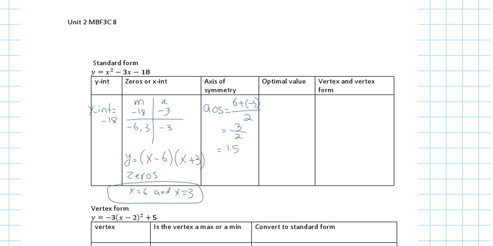So my axis of symmetry is 1.5. Then you can plug the axis of symmetry in for x to solve for the optimal value. So to find the optimal value, I'm plugging in 1.5 for x.